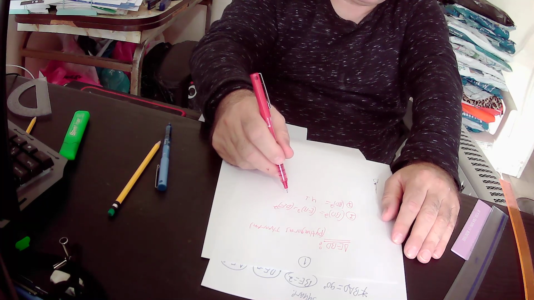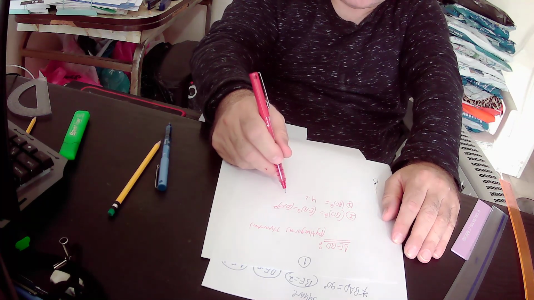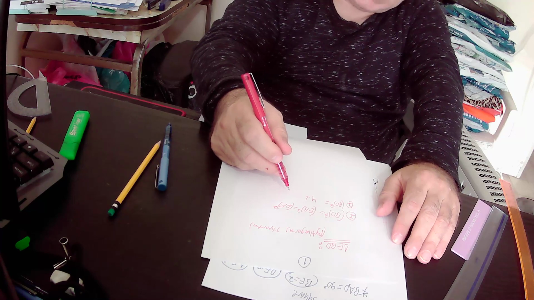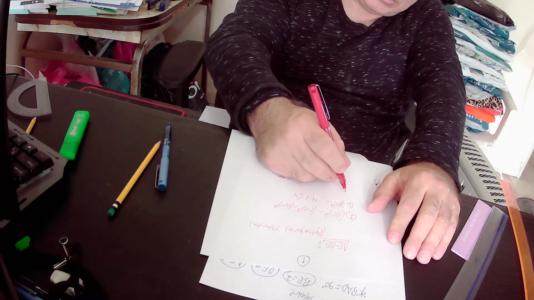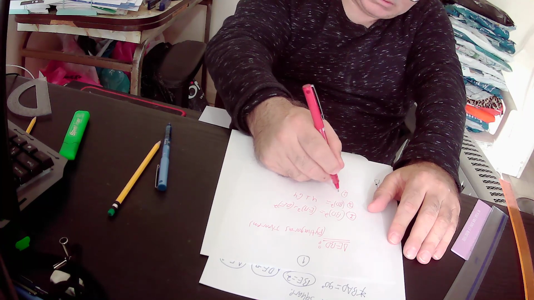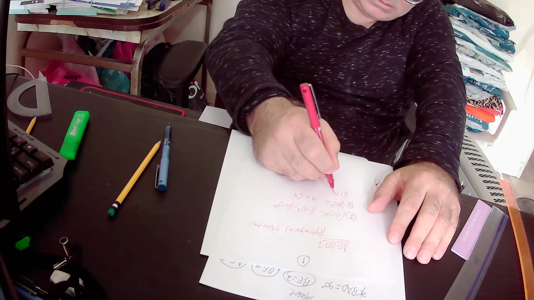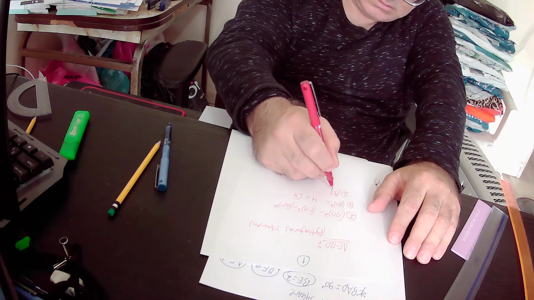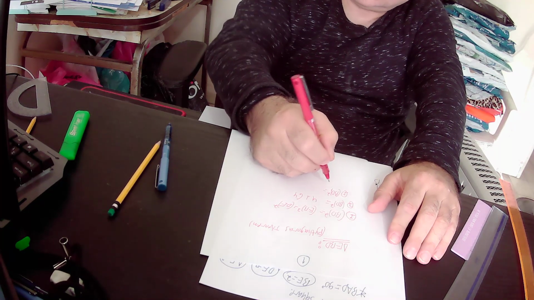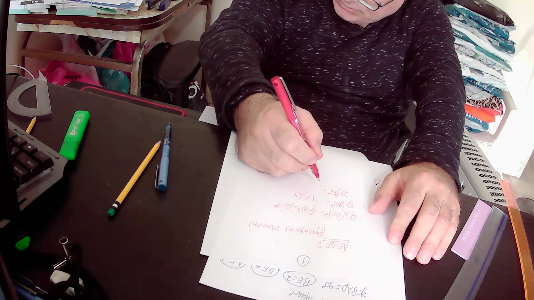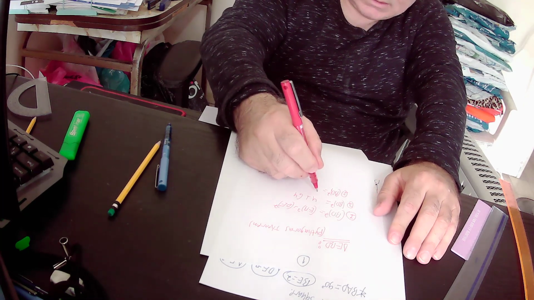DE equals 8 units according to the question, so DE square is 8 square, which is 64. So actually BD square equals 64 plus 4, which is 68.